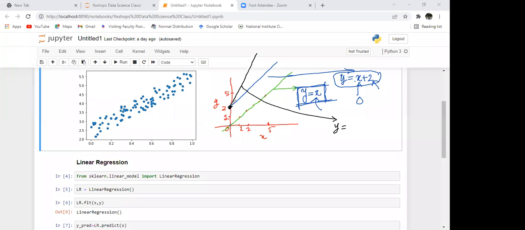Since you don't know the inclination of this straight line, as I have not provided you any information regarding that, it will be y equals mx. But you do know when x is 0, y has value 2. So plus 2 is known. That equation will be y equals mx plus 2, where m denotes the factor by which this line is getting inclined, the slope. This term, the coefficient of x, gives the information regarding the slope of the line.